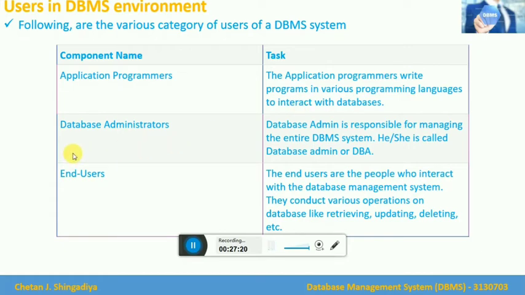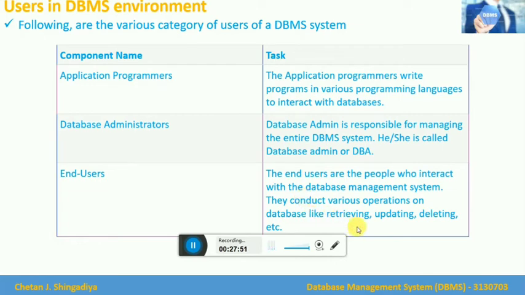Another user in the DBMS environment is the database administrator. The database admin is responsible for managing the entire DBMS system, and he or she is called the database admin or DBA. Another user is the end user. End users are the people who interact with the database management system.